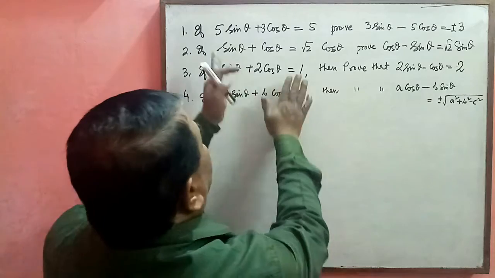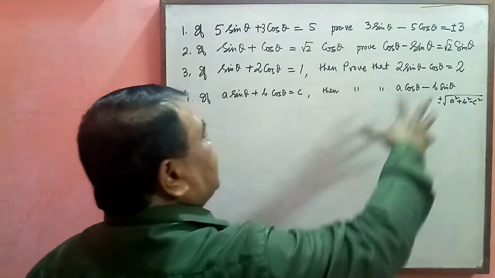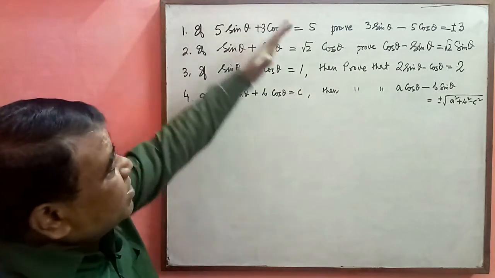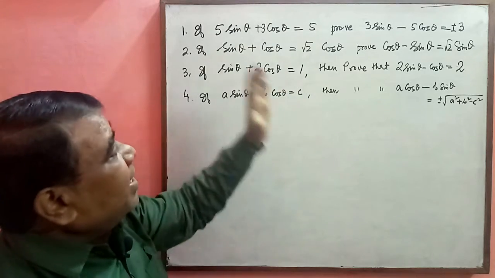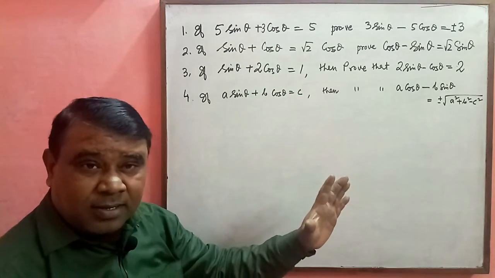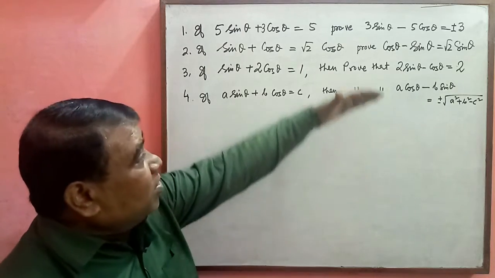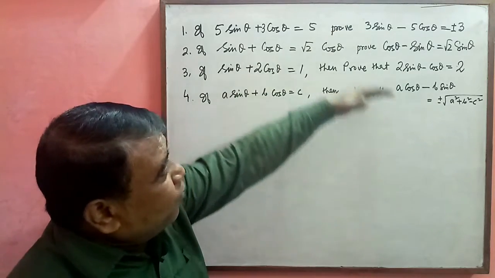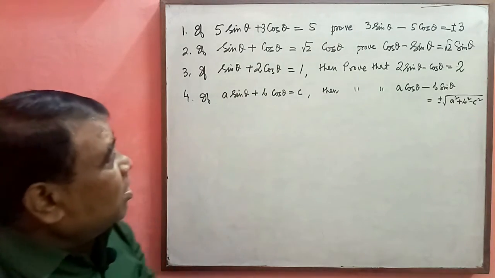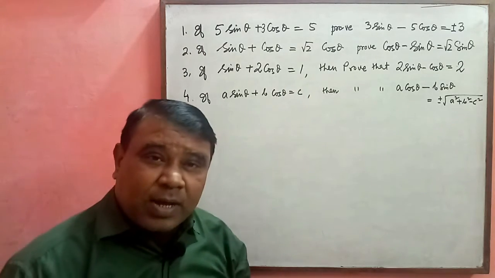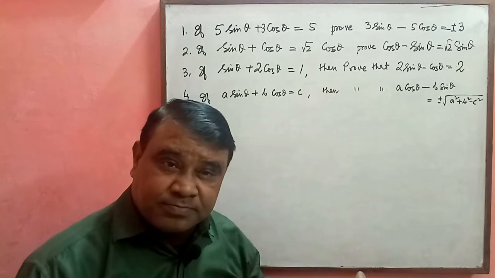Again, having a glance at this problem, only the coefficients are interchanging and the sign is also changing. If you face the problem this way, you just square it and change sine square and cos square accordingly.